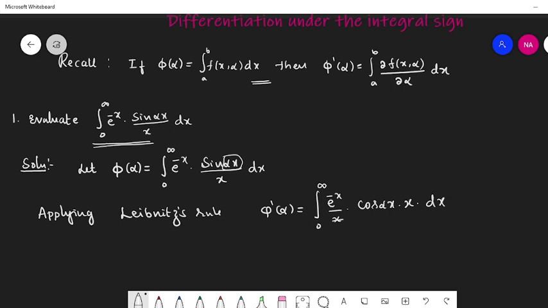So this x gets cancelled with this and we will be getting integral 0 to infinity e power minus x cos alpha x dx. This is a standard integral.